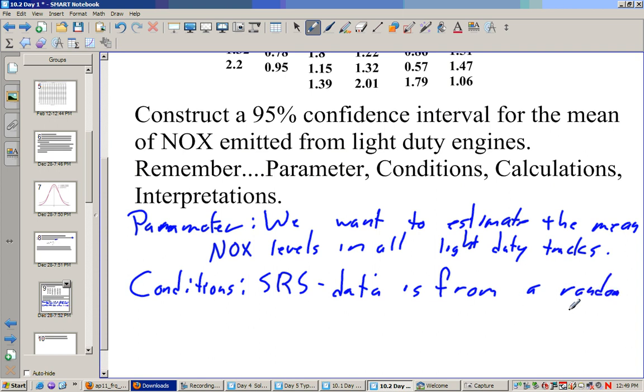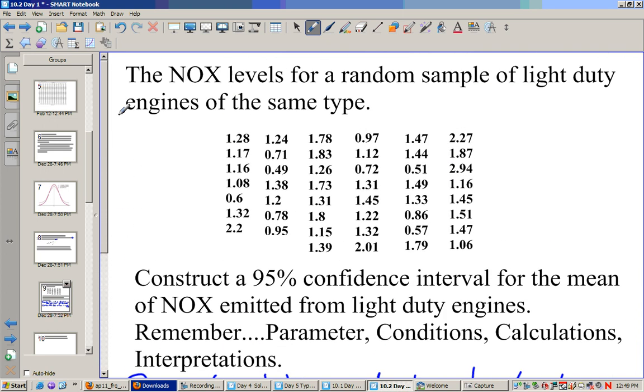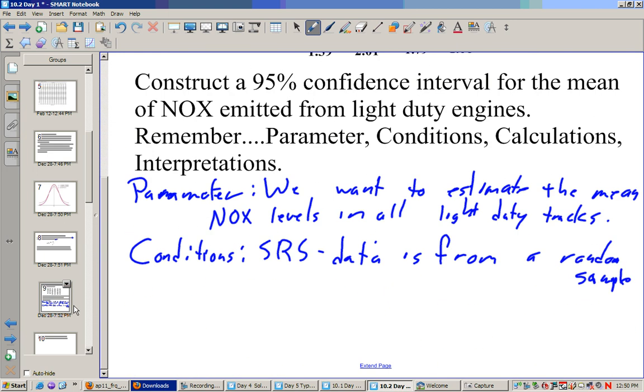It doesn't say SRS. Normality. How many data points do we have? 1, 2, 3, 4, 5, 6, 7, 8, 16, 24. Already we're over 30 once we get up to 32. So we can say data is approximately normal.